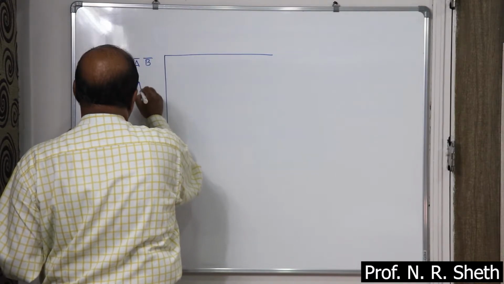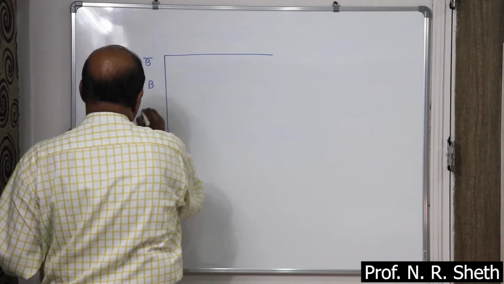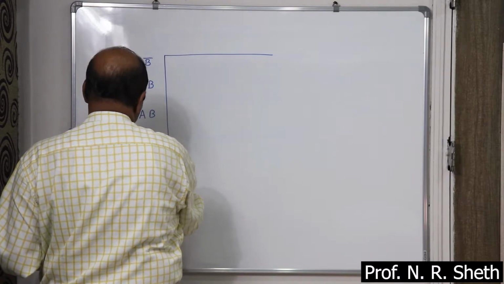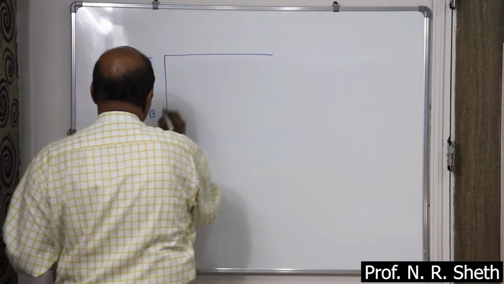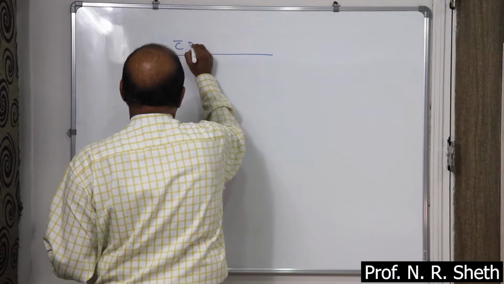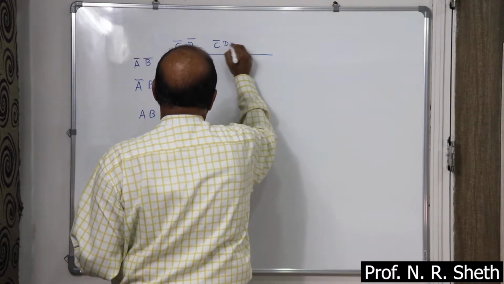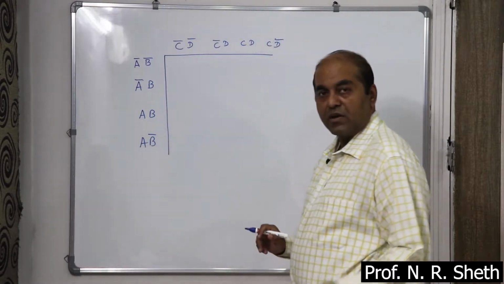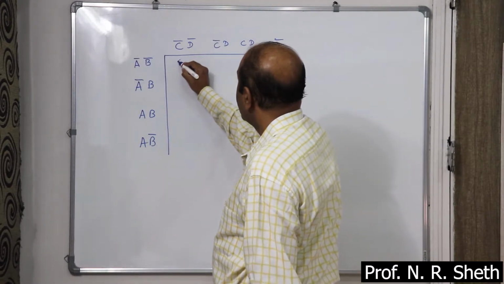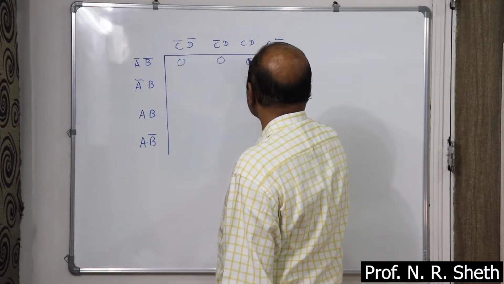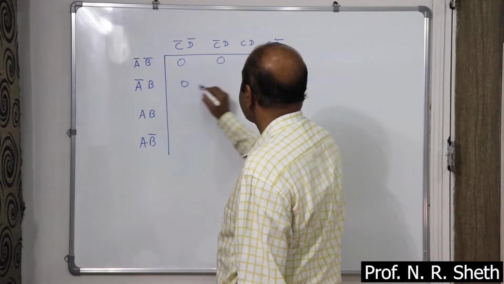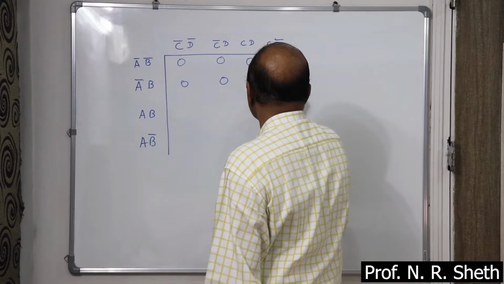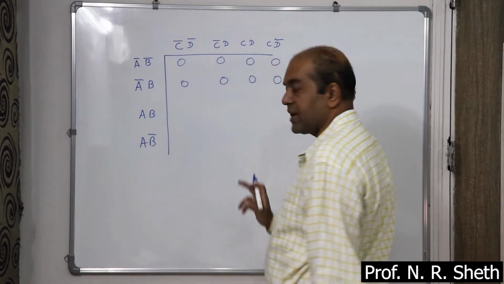Suppose you are given a K-map in which entries are like this. First 8 entries 0.